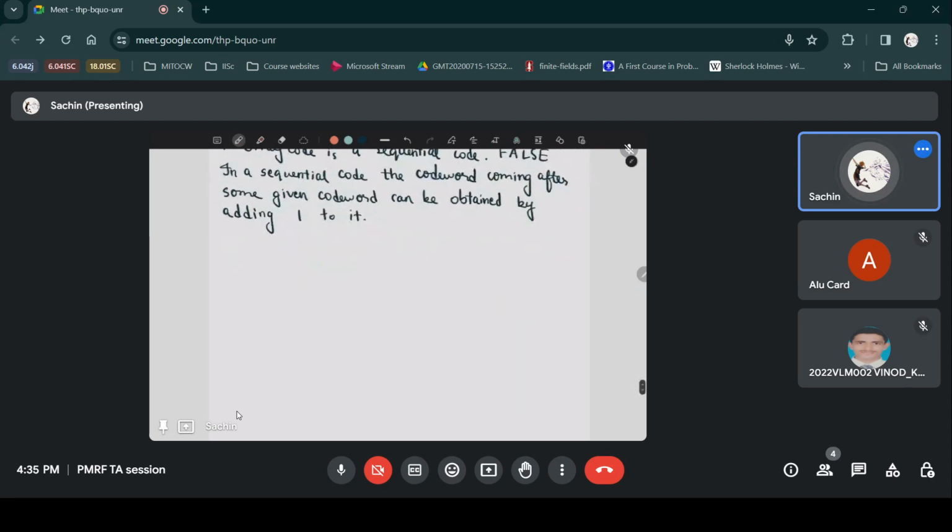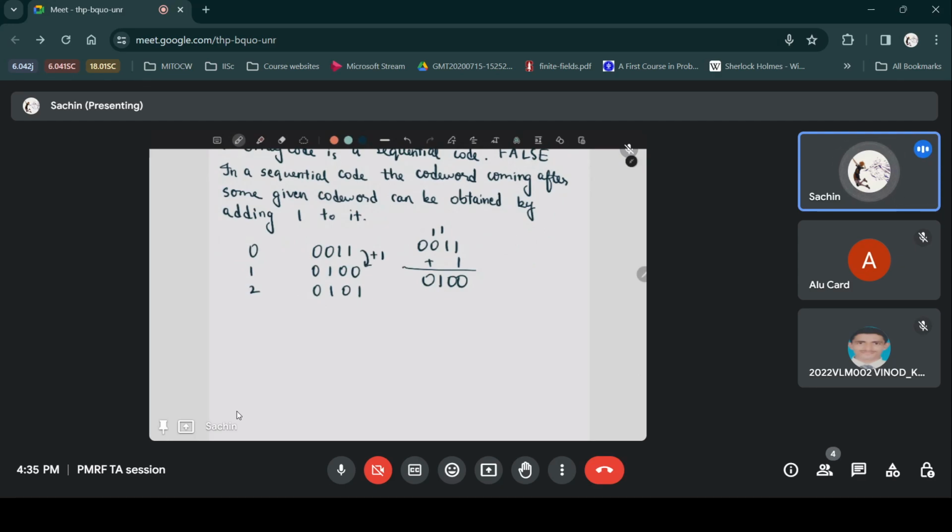For example, if you have an XS3 code. In an XS3 code, the number 0 is represented by 0011, the number 1 is represented by 0100, 2 is represented by 0101. You can see to 0011, if you add a 1, it will become 0100. That is the next number.